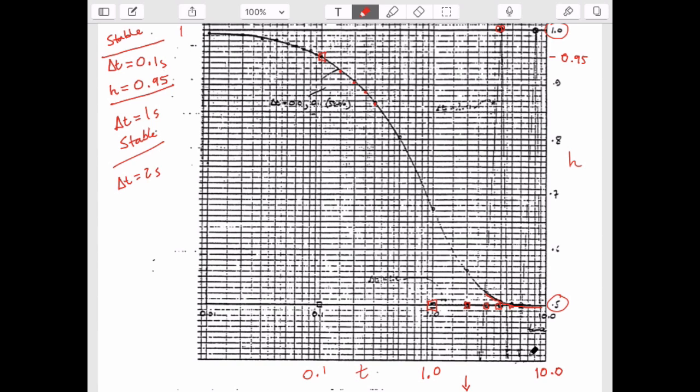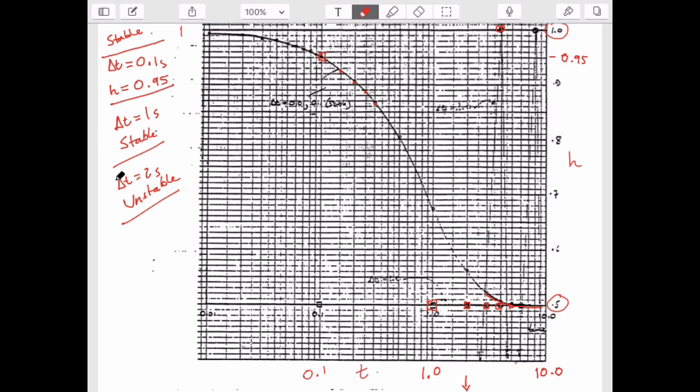And so if you choose a time step which is too large, it is unstable. And so we cross that threshold as we go to this. And it changes from being a nice match of the real behavior, to being the stable long-term solution but wrong at earlier times, to being rather wrong.